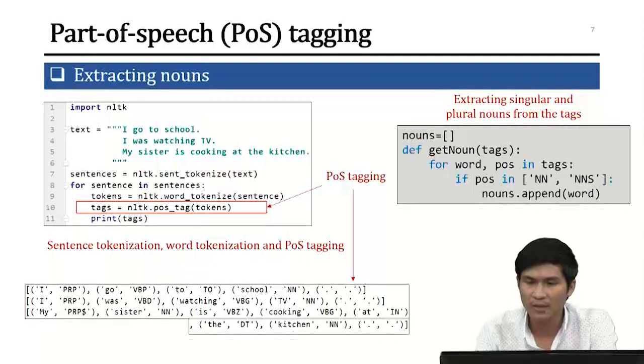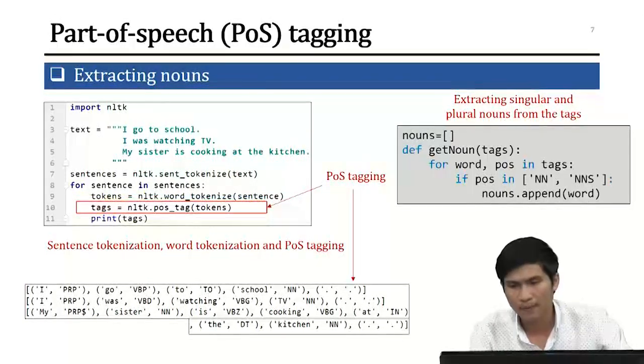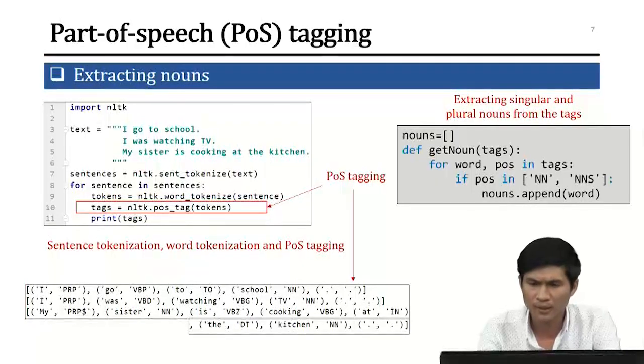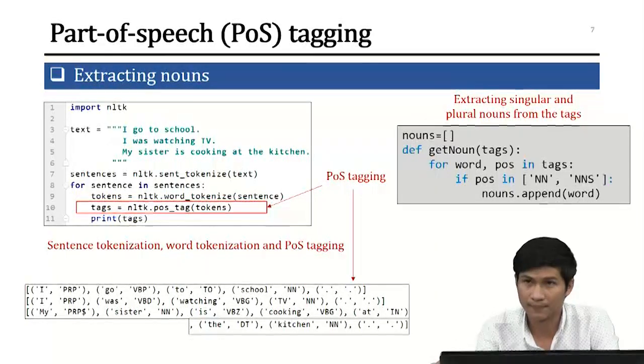So from this, we can now create a function which allows us to extract those terms from the output of the POS tagging. For example, in this function, we define a getNoun function, and the input will be the tokens.